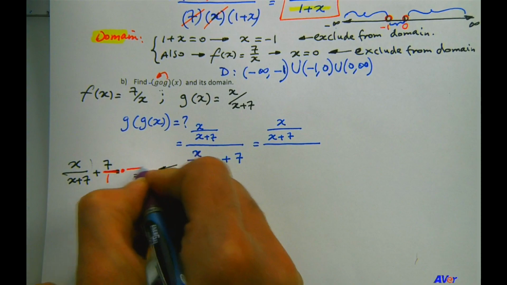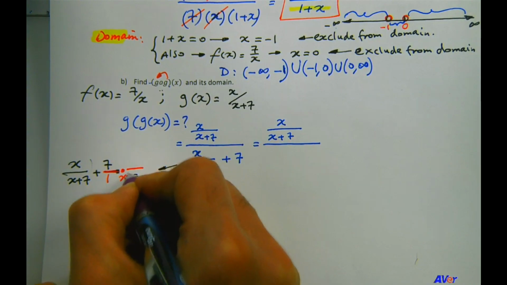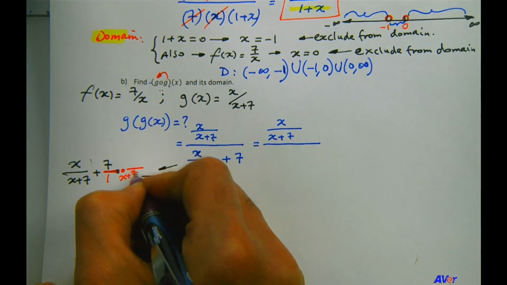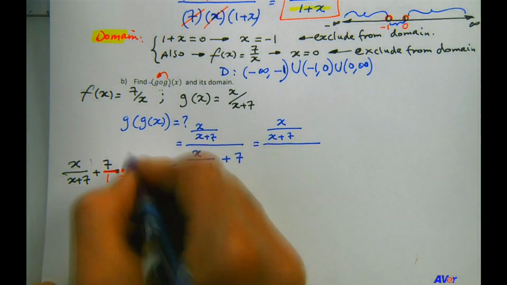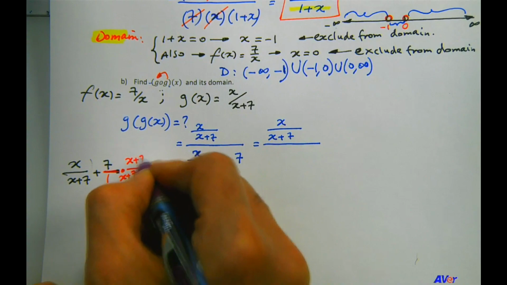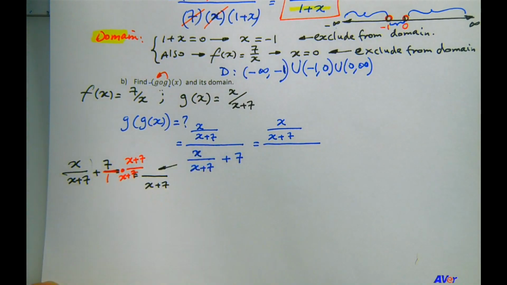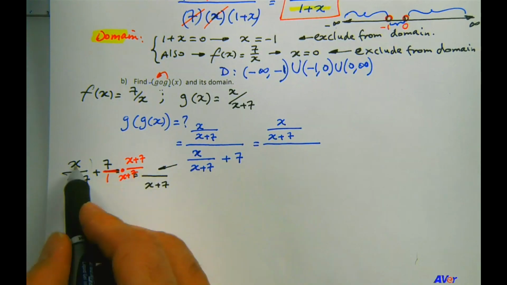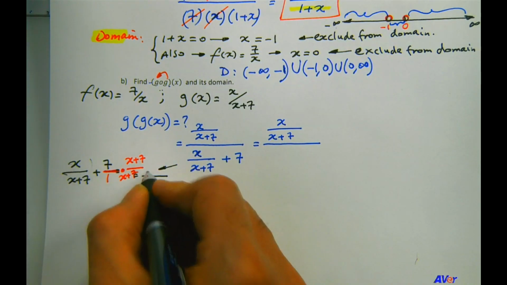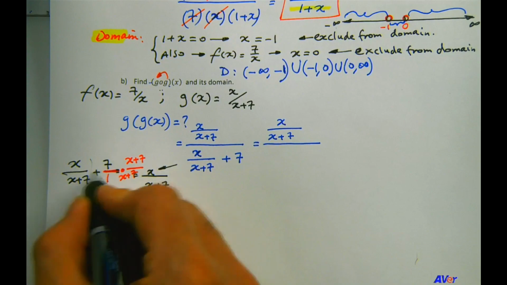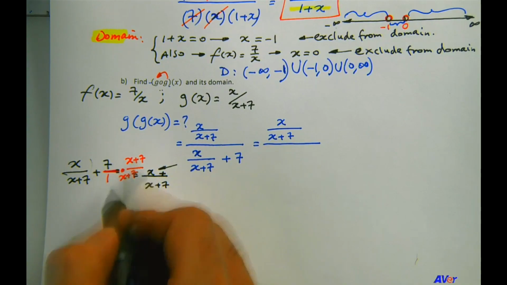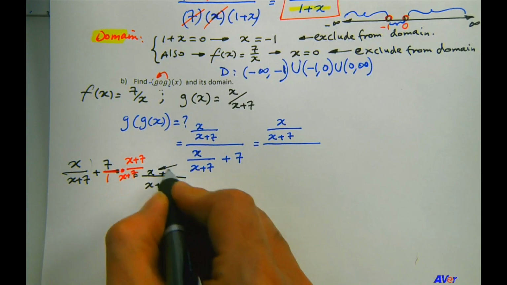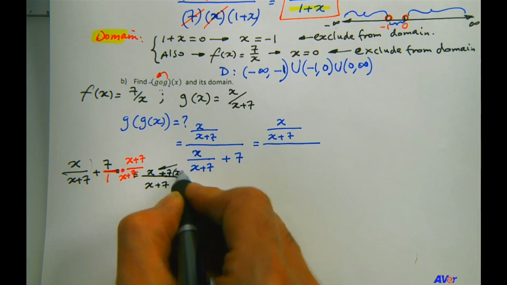Well, we're going to multiply the denominator by x plus 7. Sorry for cramming this stuff. x plus 7, and also the numerator multiplied by x plus 7. So what are we going to get? We're going to get x plus 7 times x plus 7.